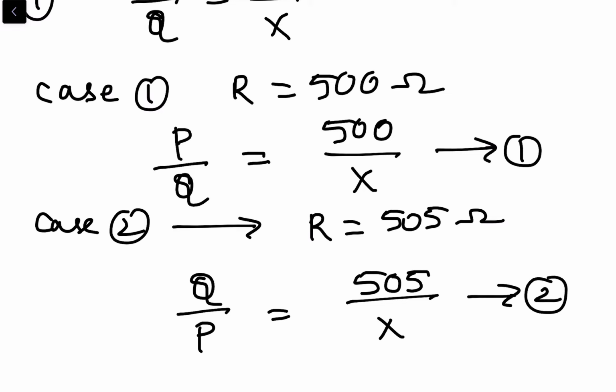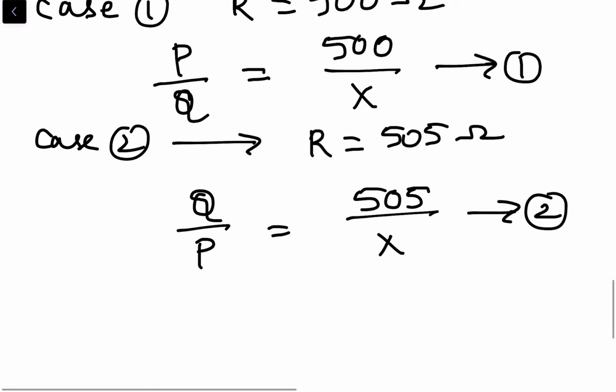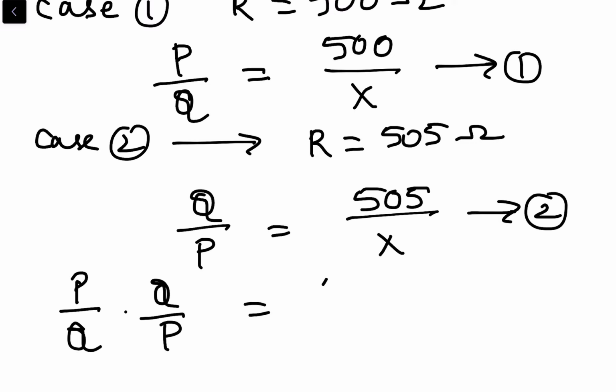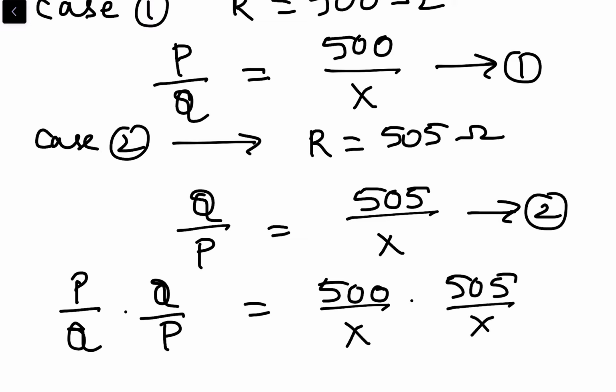So we want to know the value of X. For that, let us multiply equation 1 with equation 2, that is P by Q into Q by P is equal to 500 by X into 505 by X. We are multiplying equation 1 with equation 2.